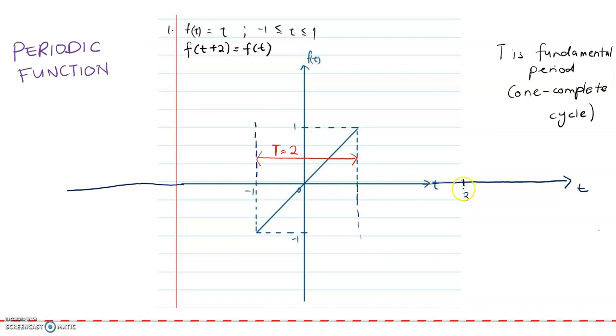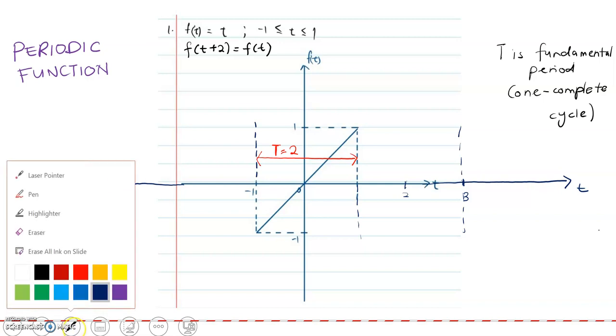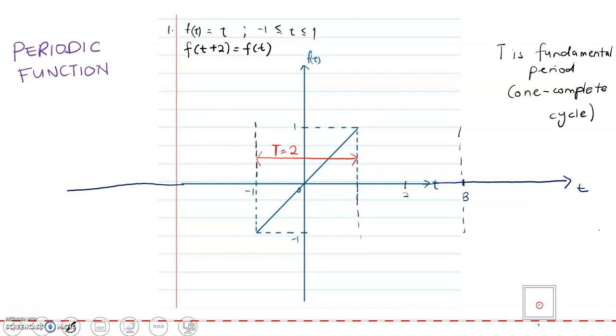So as t increases by 2, 1 plus 2 is 3, -1 plus 2 is 1, 0 plus 2 is 2. In between this interval, you can see that the function is going to repeat itself.